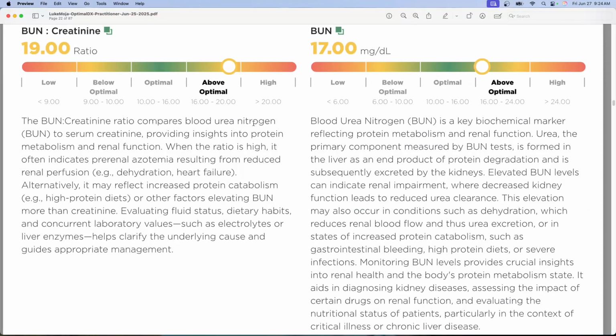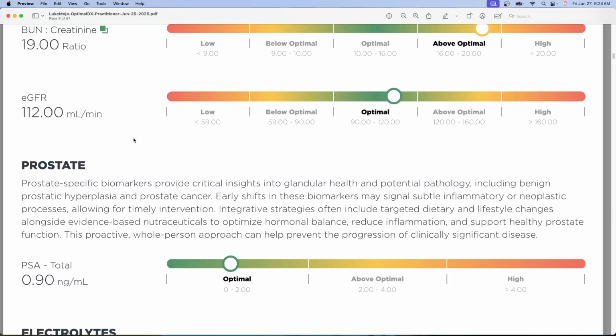It compares BUN to creatinine, providing insights into protein metabolism and renal function. A lot of times, again, dehydration can cause that to be a little off. Kidney issues, increased protein breakdown like a high protein diet. Those are the type of things we look at with those numbers.